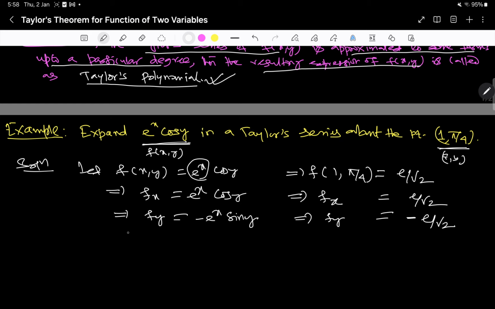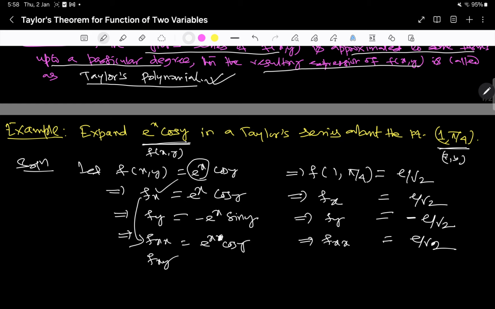Then likewise I find fxx. If I differentiate it again, then it is e to the power x cos y, right? So this implies my fxx at this point is also e by root 2. Similarly, what is my fxy?